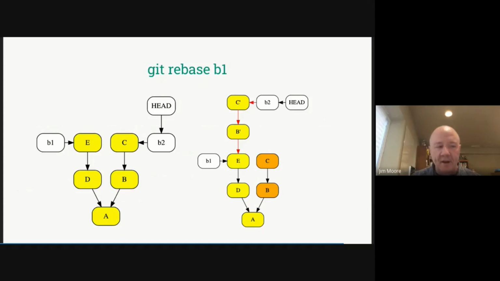Linear histories are much, much easier to understand and follow, reason about, compute on, and so on. Linear is awesome. Graphs are useful, but much more complicated.